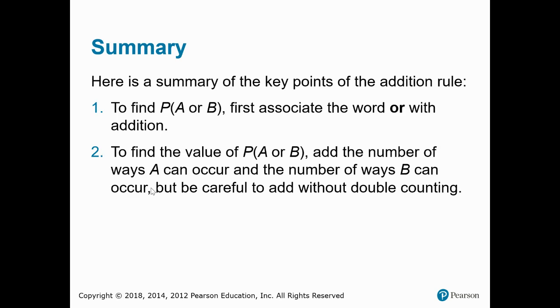All right, so probability of A or B, the word or tells us addition rule. We need to know if it's a disjoint event or not. So that we need, if it is not disjoint, then we have to find the overlap. That's what we have to look for. If it says or, I need to know is there any overlap. So I need to know, is it a mutually exclusive event or not? Okay. So we don't double count.